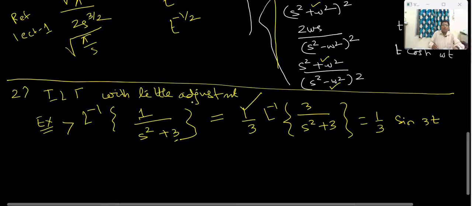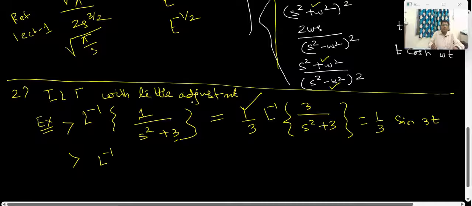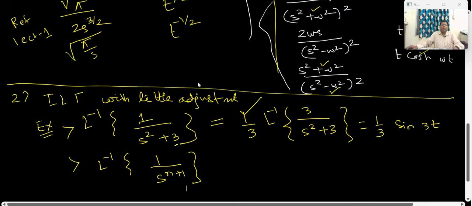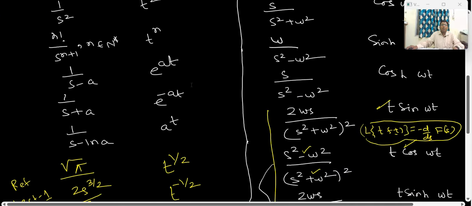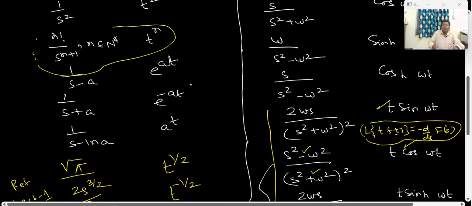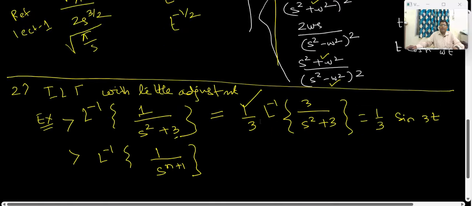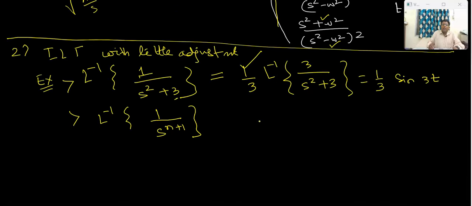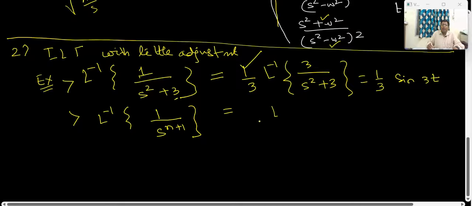Suppose you are asked, what is L inverse of 1 by s to the power n plus 1? We recall the table, the Laplace transformation of t to the power n. For adjustment, we need n factorial to be multiplied here. So we need L inverse of factorial n by s to the power n plus 1.